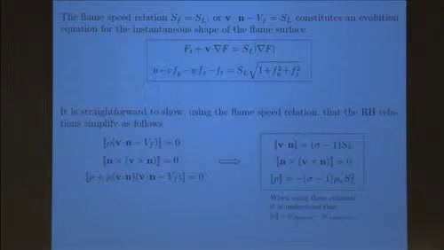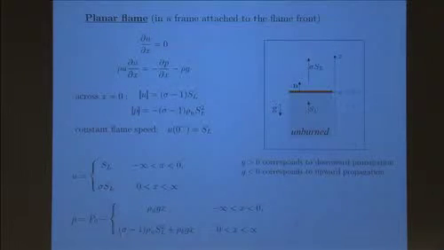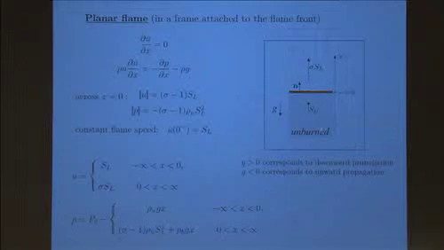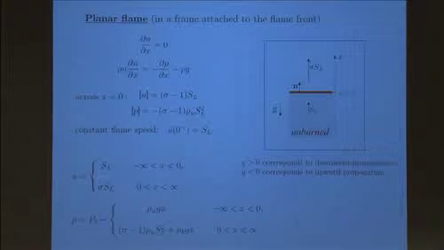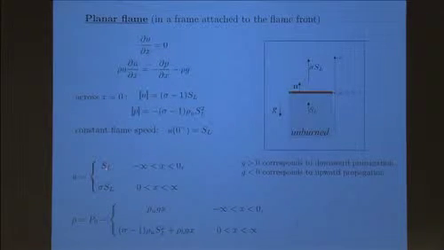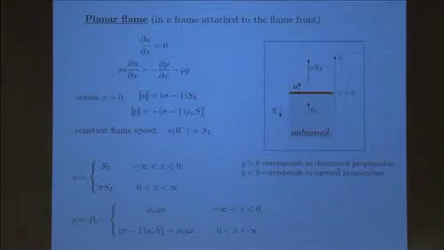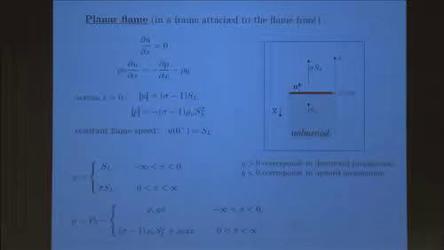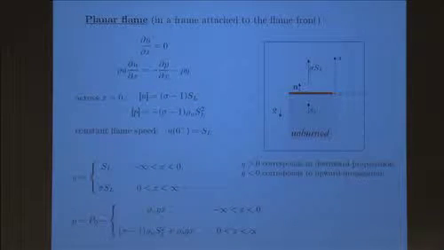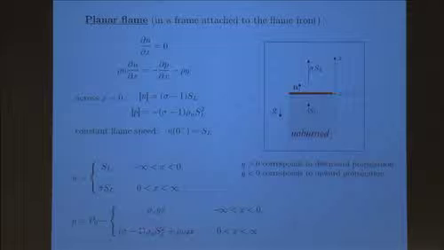And since it's planar, the other relations are irrelevant. You can write the solution: the velocity ahead of the flame is SL, the gas speeds up as it leaves downstream, and you can write an expression for the pressure.